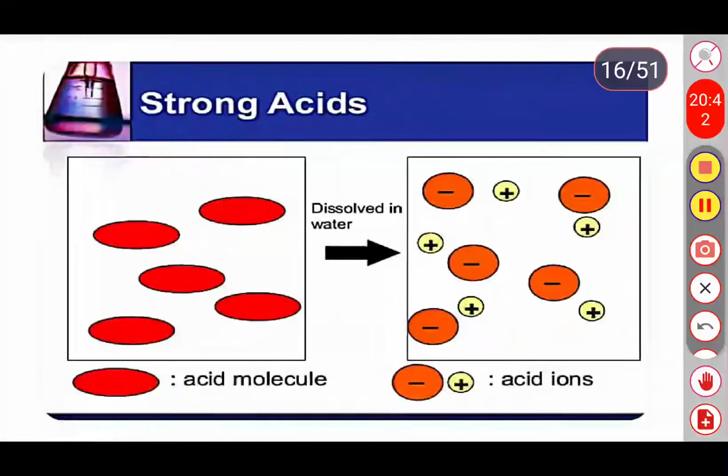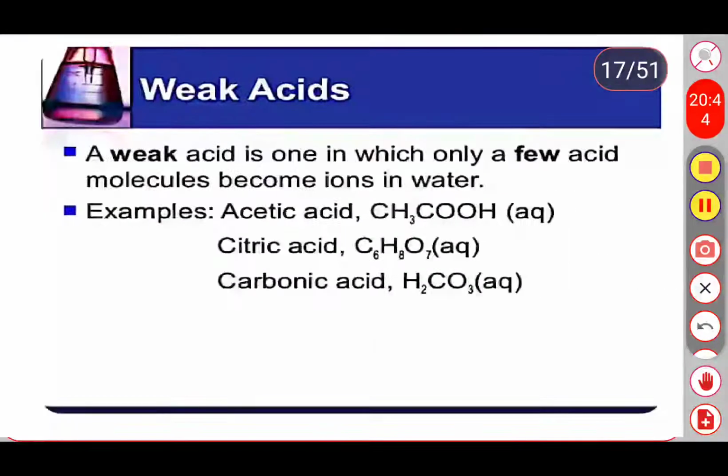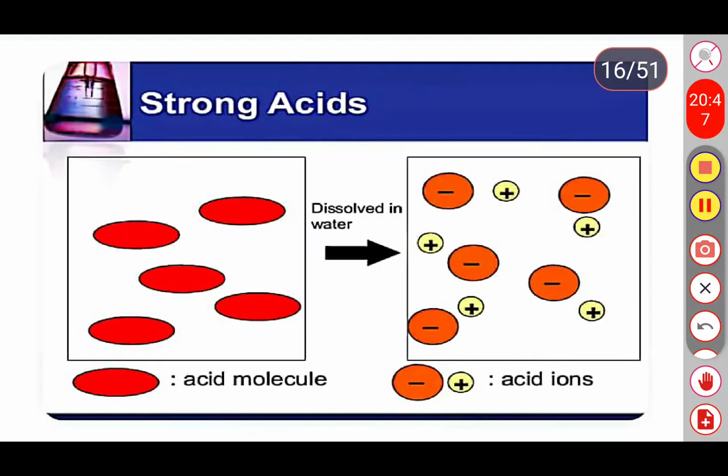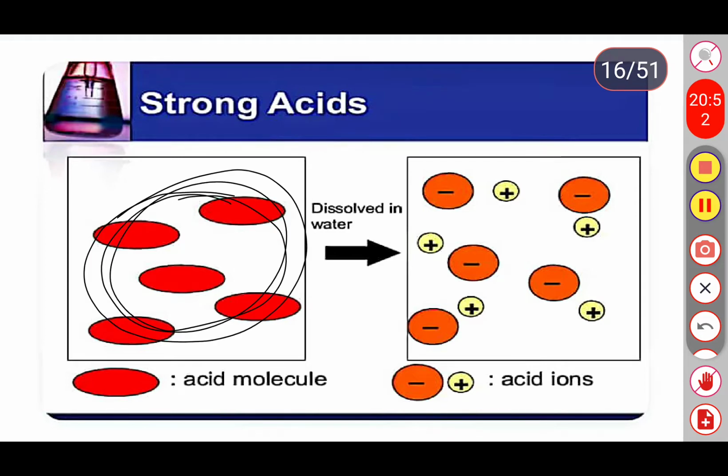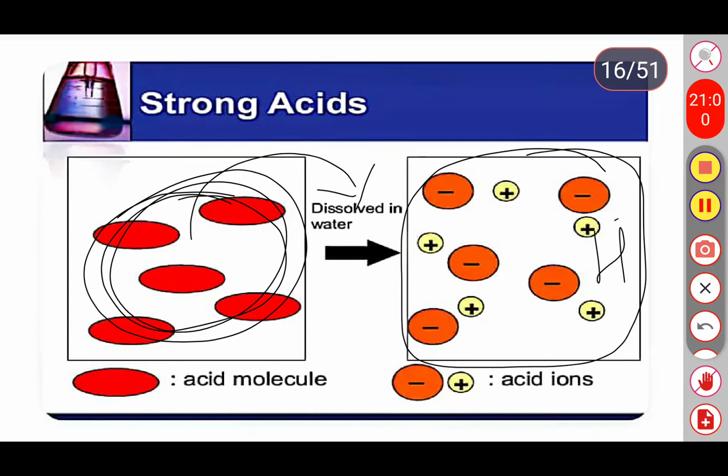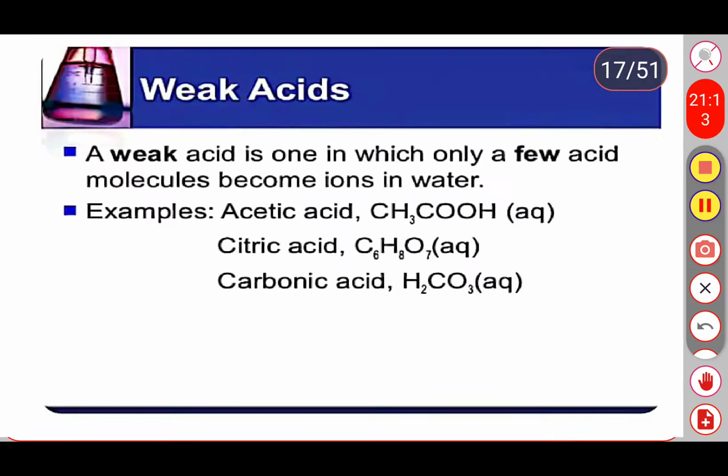See here, these are the acidic substances we dissolve in water. Once we dissolve them, they release the maximum amount of hydrogen ions, H plus ions. These type of solutions are considered strong acids. Next one is weak acid.